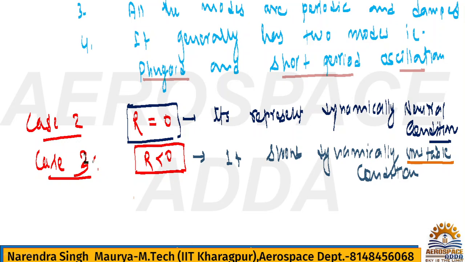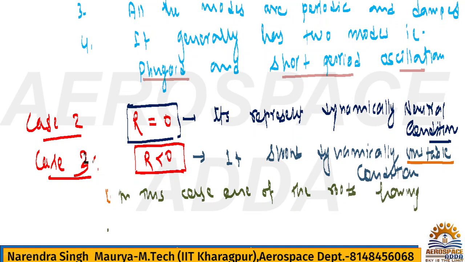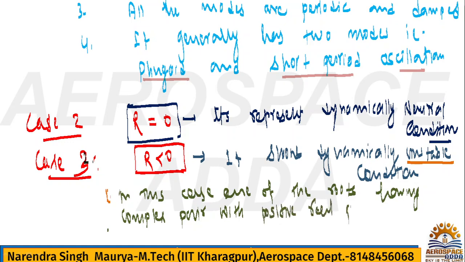So in this case, number 1, in this case, one of the roots having a complex pair with positive real part represents undamped oscillation.